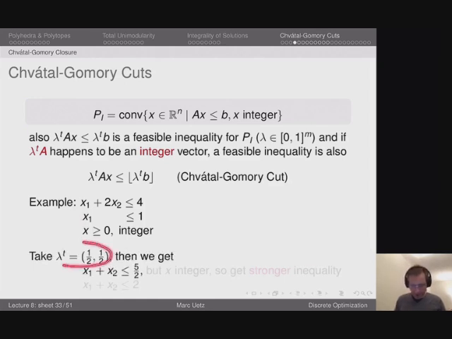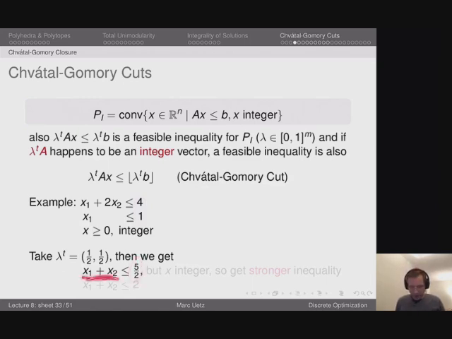That corresponds to taking this lambda up here to be (1/2, 1/2). And then I get 1/2 times x1 plus x1, which gives me x1, and 1/2 times 2x2 plus 0, which gives me x2. So I get x1 plus x2 on the left-hand side. Notice that the coefficients here are integer coefficients. And on the right-hand side, I get (4 plus 1) divided by 2, so 5/2.